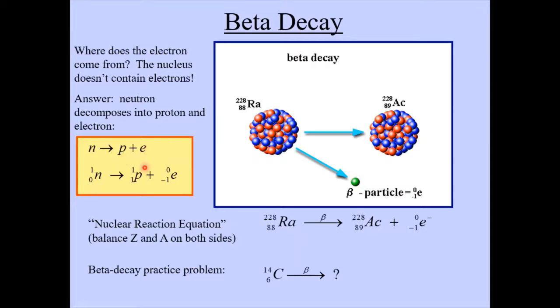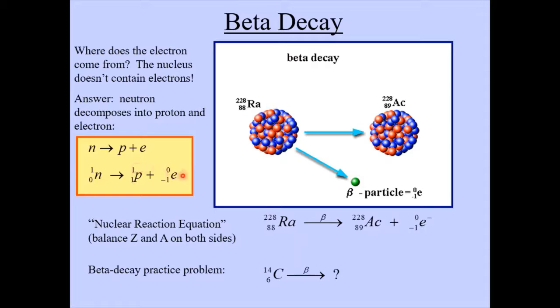All right, and so notice if we look at the nuclear numbers here, a neutron has no charge, so it has a 0 down here, and of course there's 1 neutron, so we have a 1 up here. A proton has a charge of 1, so there's 1 proton, so we have a 1 down there, and there's 1 proton, so we have a 1 on the top also.